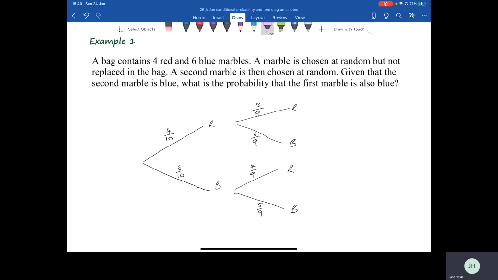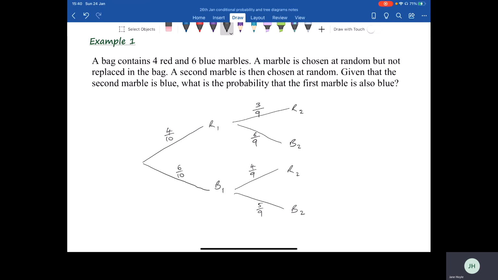What we actually need to work out, given that the second marble is blue, is the probability that the first marble is also blue. Shall I first of all put R1, B1, R2, B2, R2, B2? Sorry, sounds a bit like a Star Wars robot.